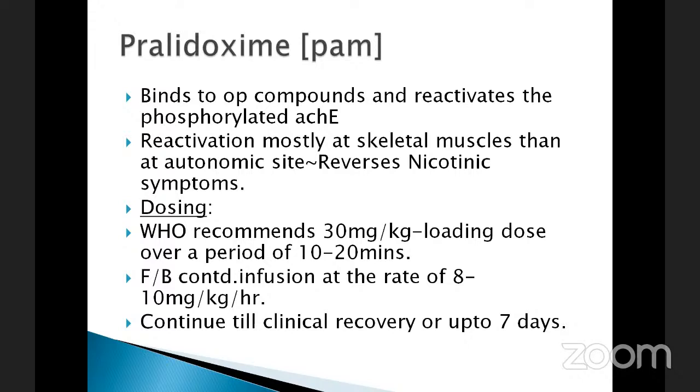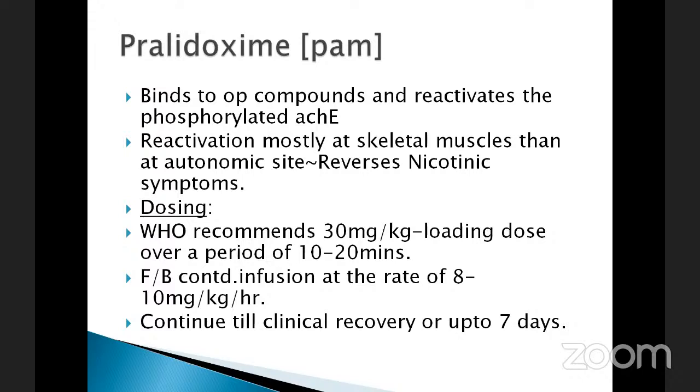The student should note this. With some compounds we can predict the patient may develop intermediate syndrome, and with some compounds there is a chance of prolonged recovery and neuromuscular weakness. When you are preparing, you have to read each and everything.